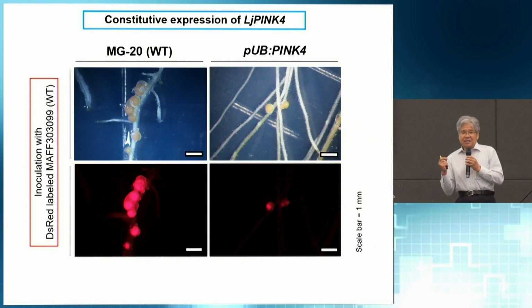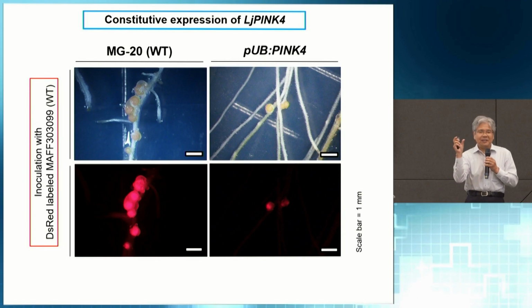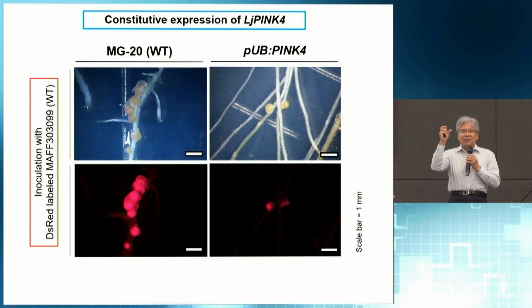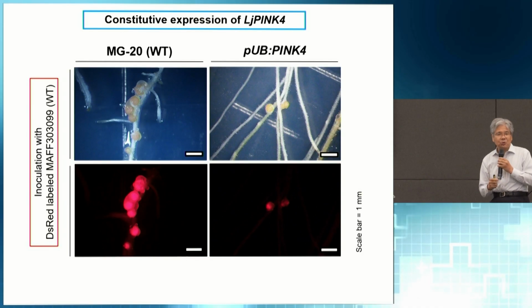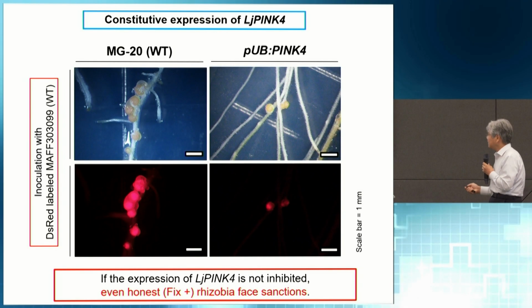So in that case, if we continue to express this gene, even the honest functional rhizobium cannot create the nodule. And the answer is yes. If we introduce this gene by a constitutive promoter and inoculate the wild type rhizobium, they cannot create the nodule. Okay?